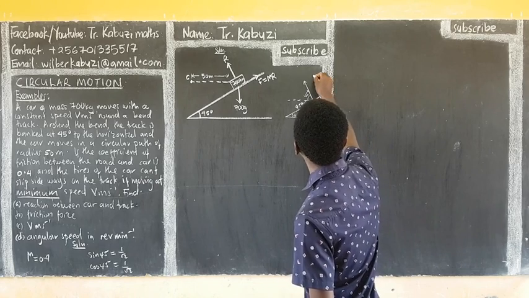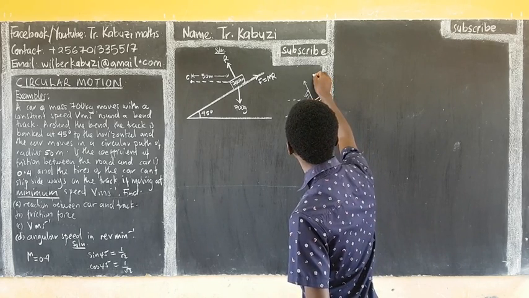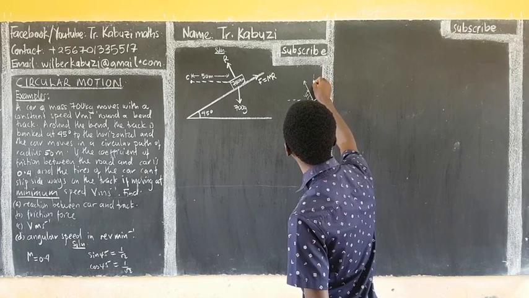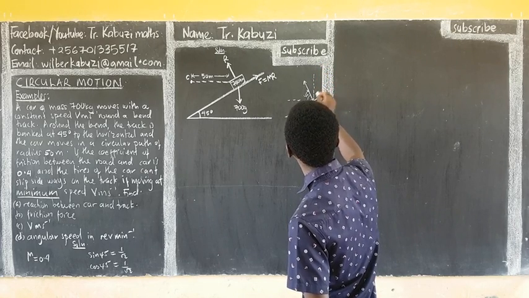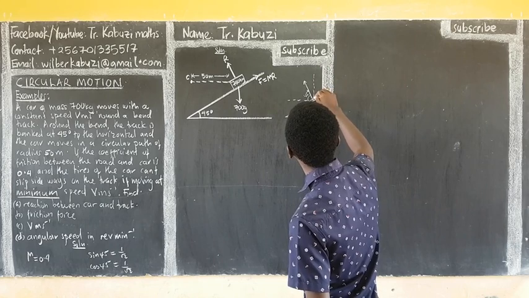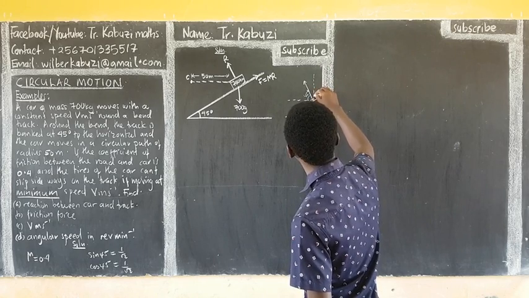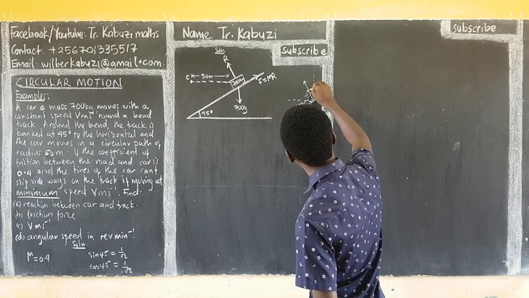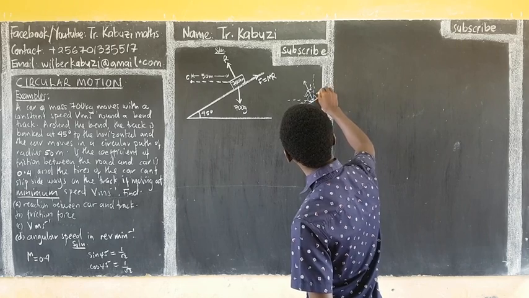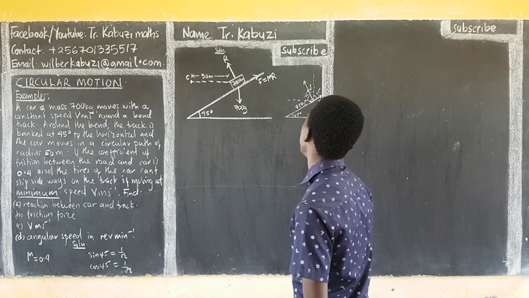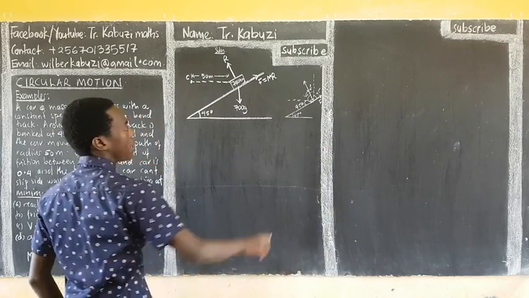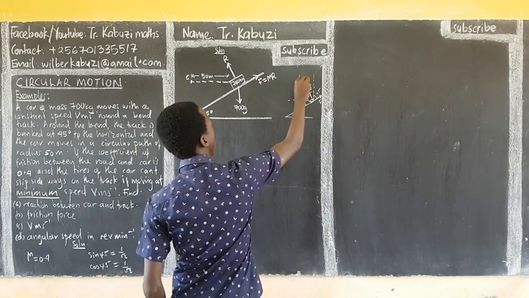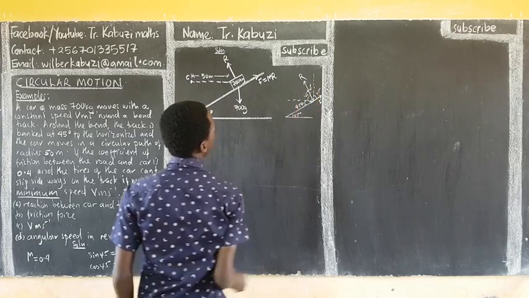Then this one here, remember this is 90. So this first of all is 45, which implies that even this one is going to be 45 there. After doing that, we focus on this R, the reaction here.